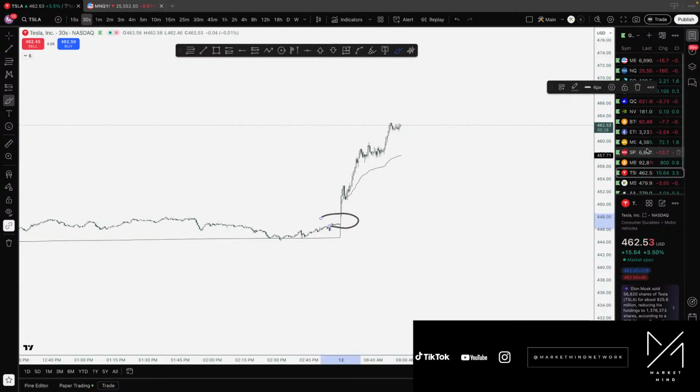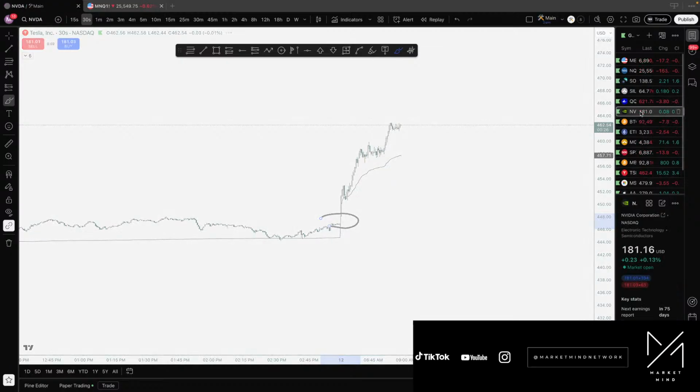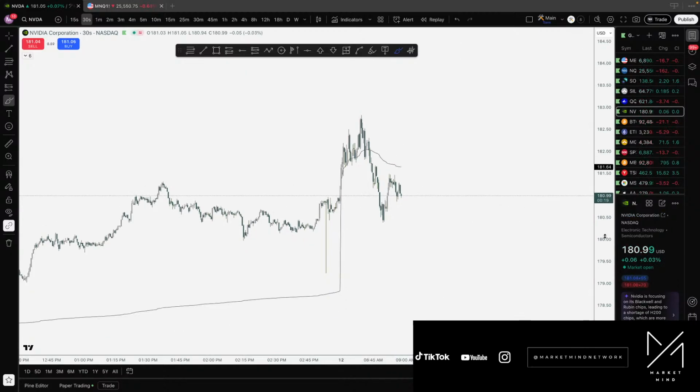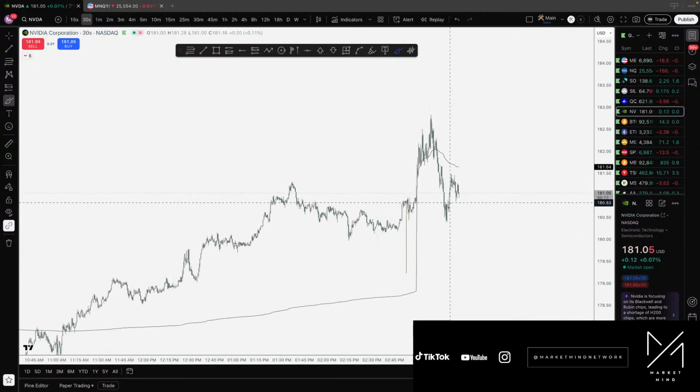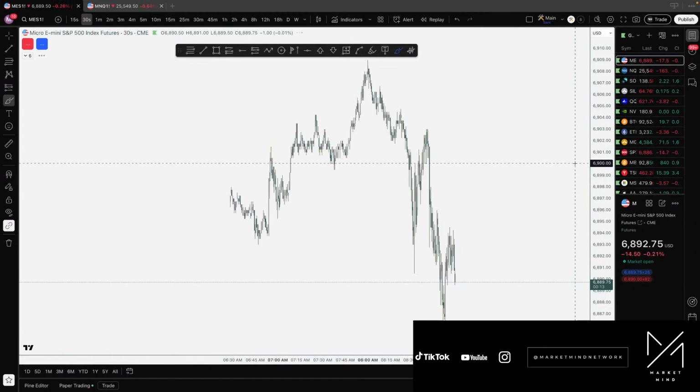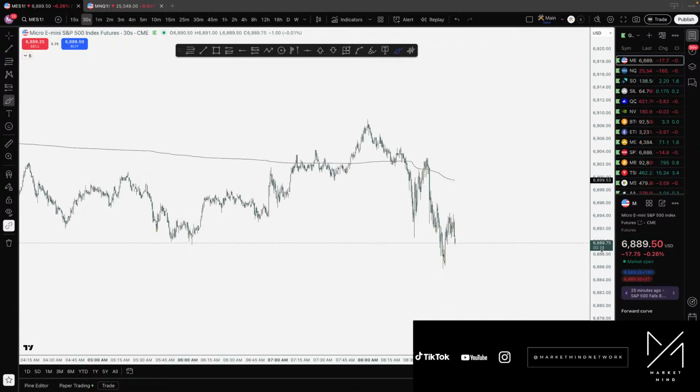So if Tesla's pushing up, let me see what Nvidia is doing. Nvidia's still kind of grinding it out. If things are looking good and pushing up, then what's S&P, ES, doing? It's odd, right?